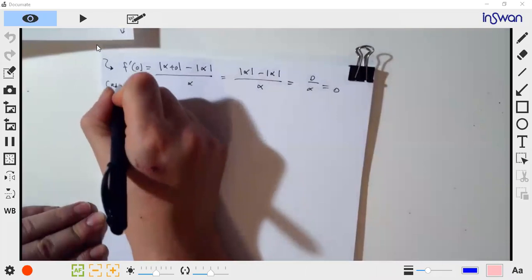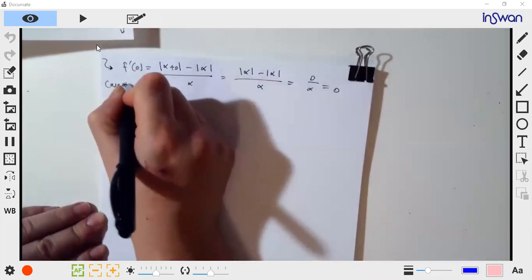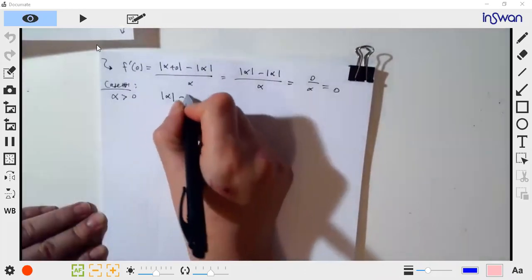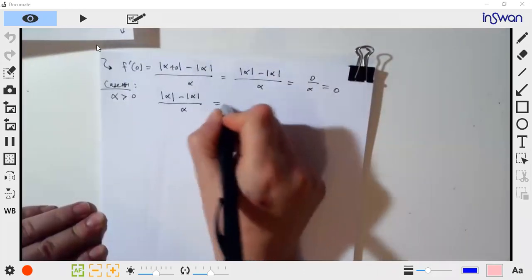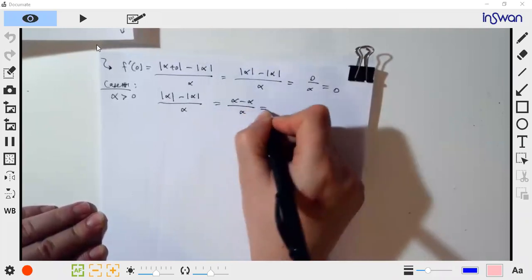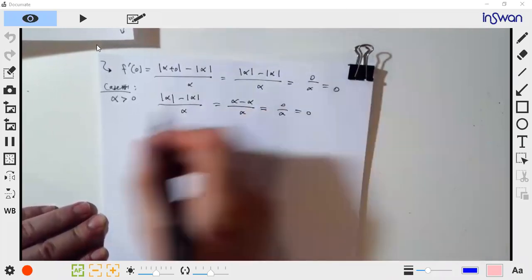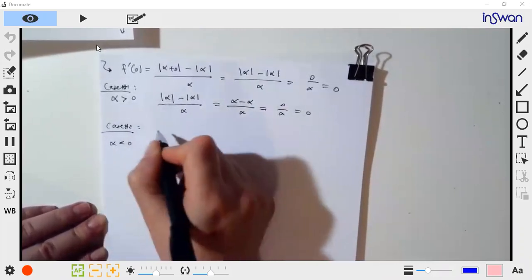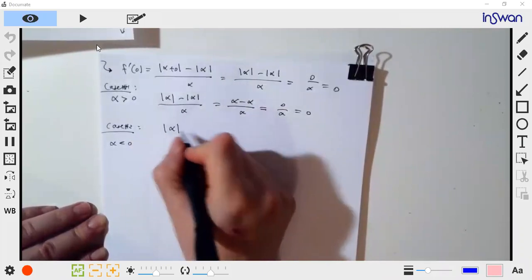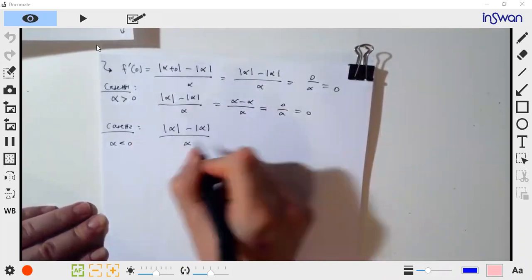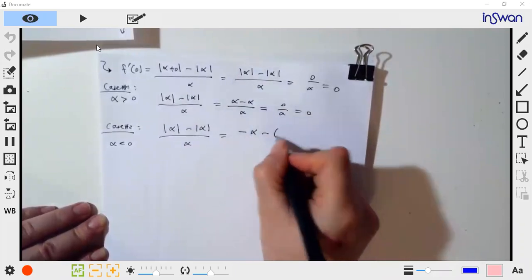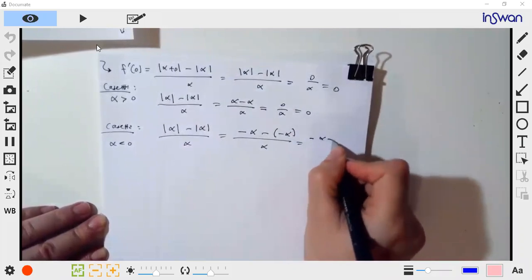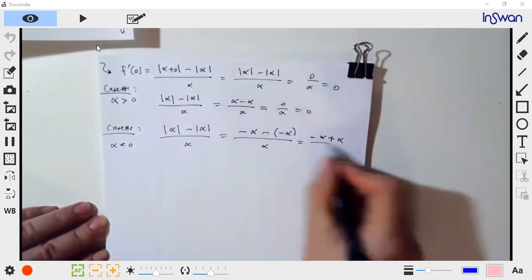So case 1, positive case. Then we get this. Okay. Case number 2. Then you get this. Notice that this becomes negative alpha plus an alpha all over alpha.